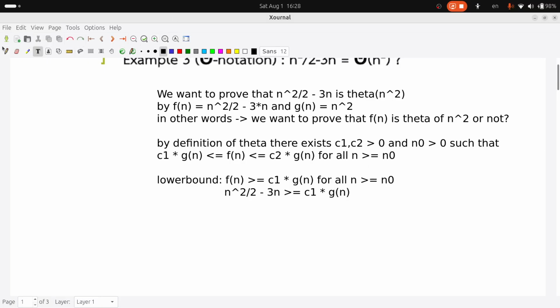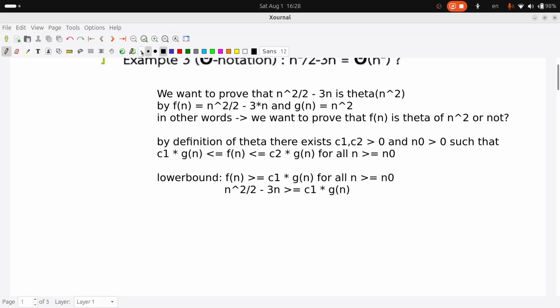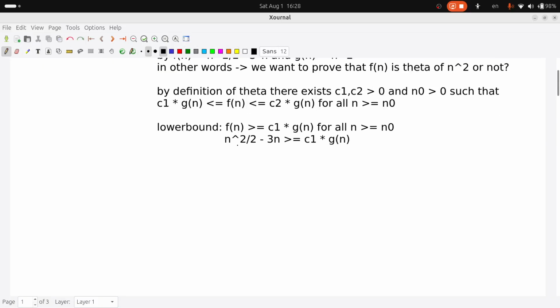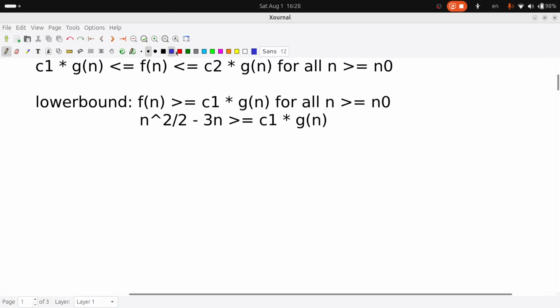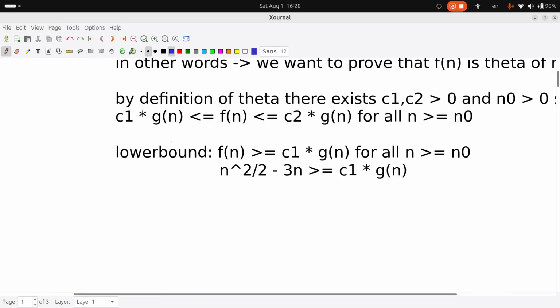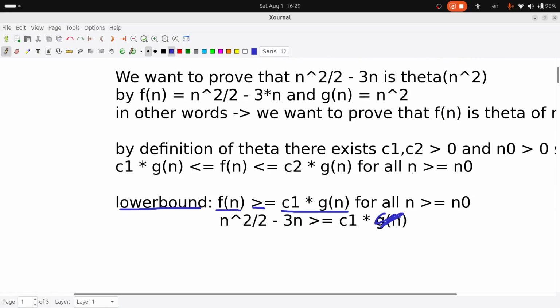Okay, so let me zoom in. This is our lower bound: f(n) is greater than or equal to c1 multiplied by g(n). Sorry, this g(n) is going to be n squared, right?